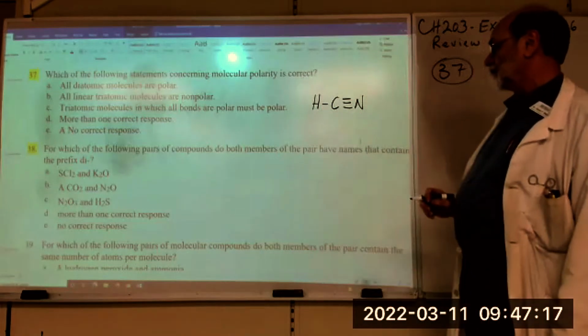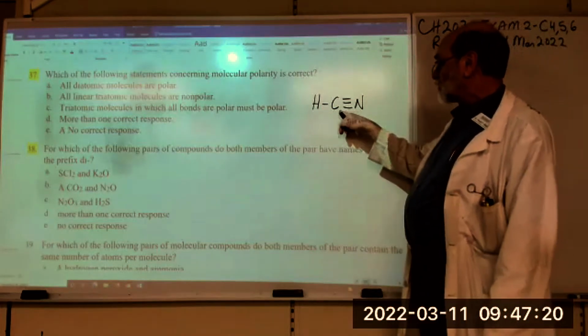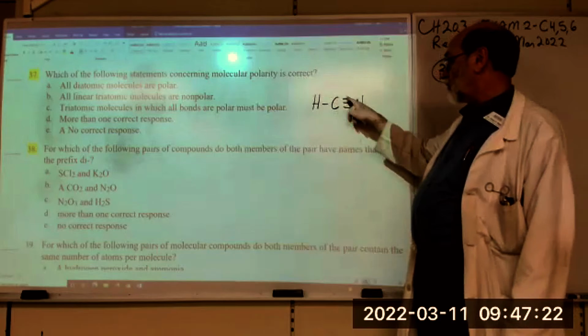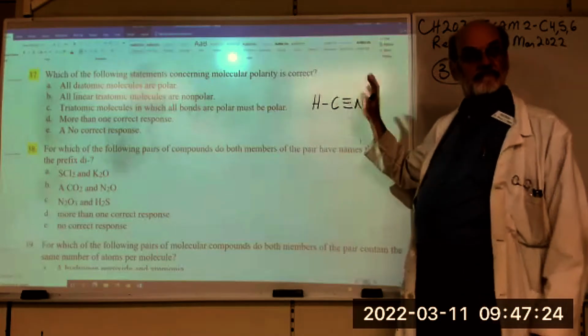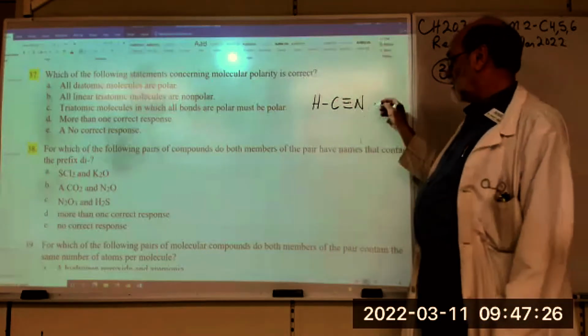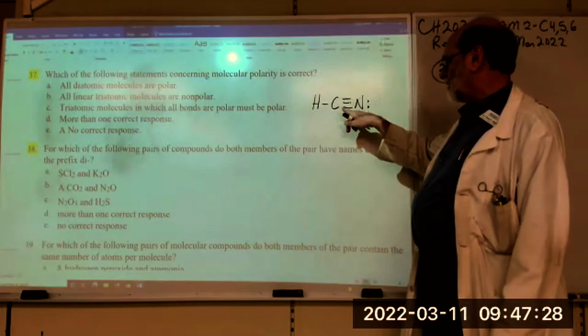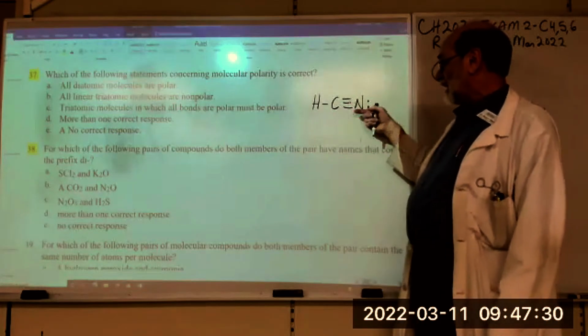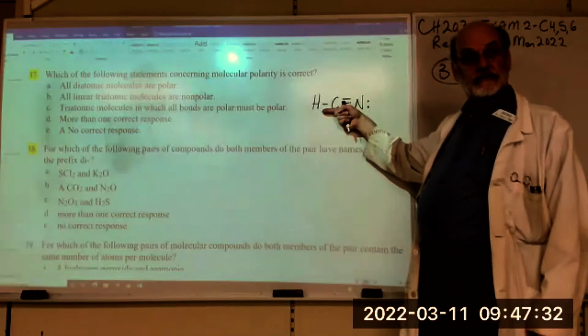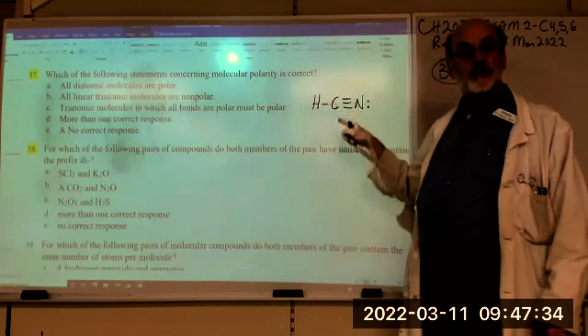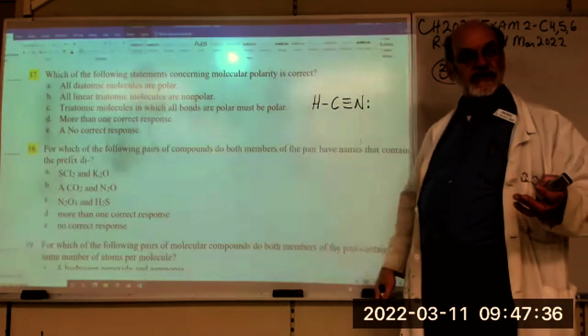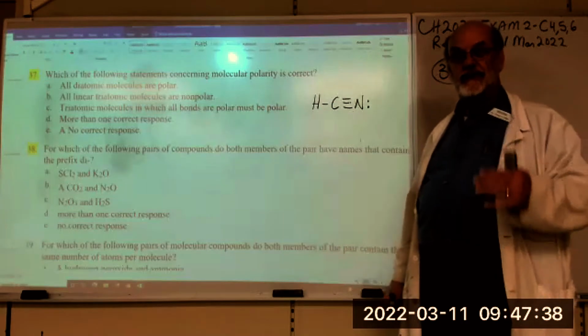This one has no lone pairs. 2, 4, 6, 8. Carbon's satisfied. That one has a lone pair. But this would be linear, right? It's got 2 groups. According to the VSEPR model, 2 groups means linear.